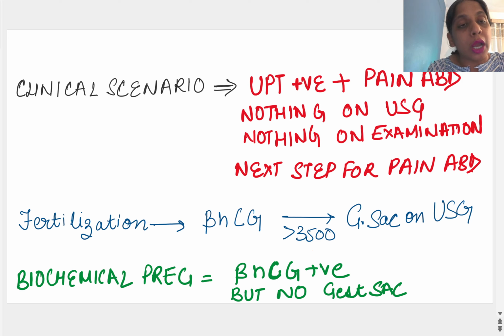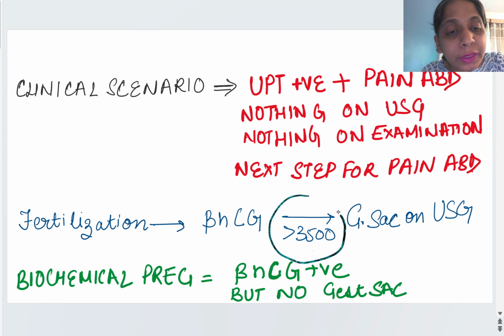Now when fertilization occurs, the next step is that beta hCG increases. Only once the beta hCG value is more than 3500 does any gestational sac come on ultrasound or any examination finding. So the criterion for the ultrasound finding is a beta hCG value of 3500.